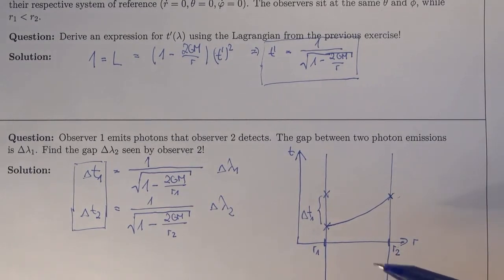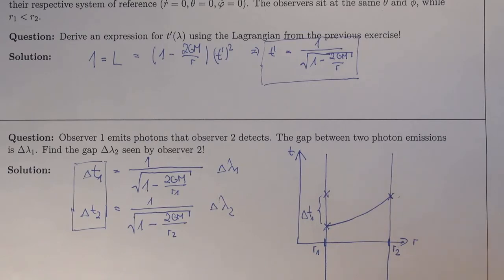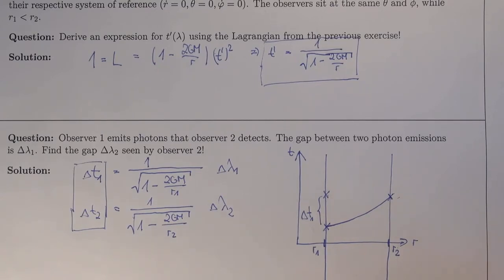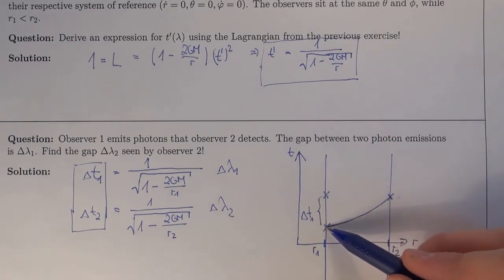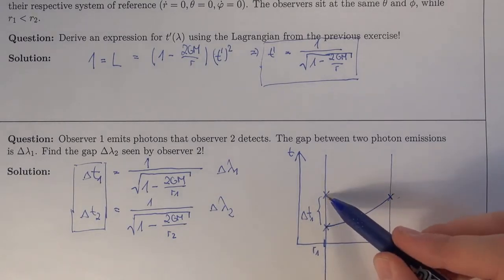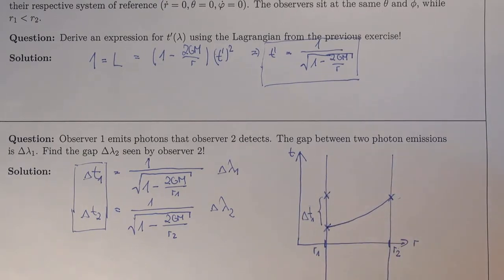We know that the Schwarzschild spacetime has a symmetry with respect to time translations, since the vector field k_t, which was just del by del t, was a Killing vector field. So we know that the situation from the first emission to the second didn't change but for a constant offset delta t1 in coordinate time.